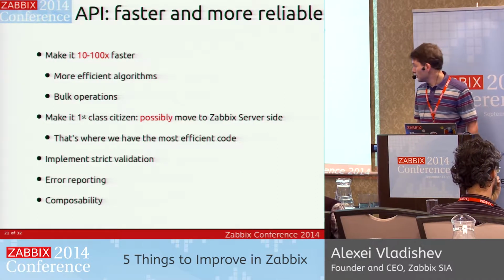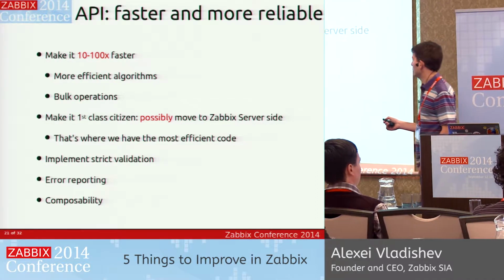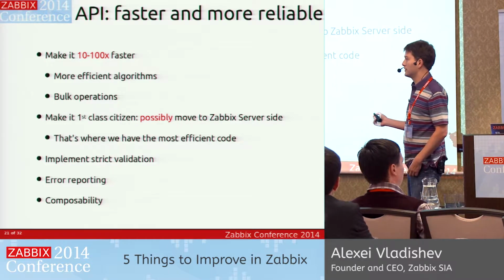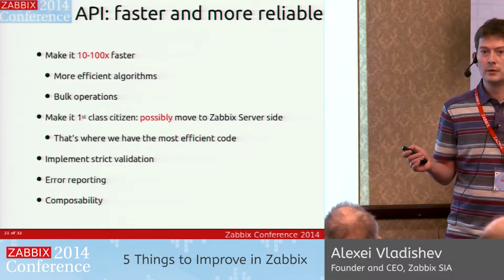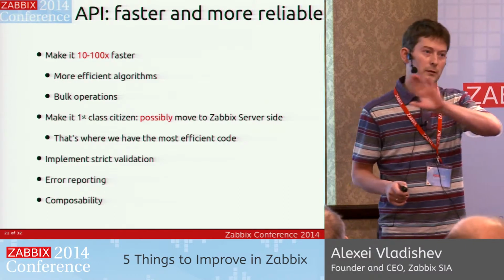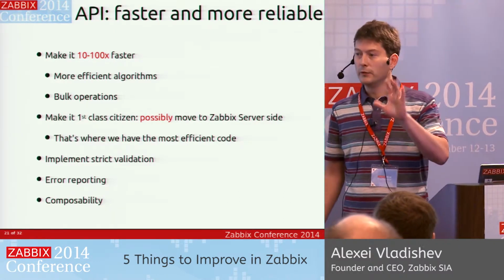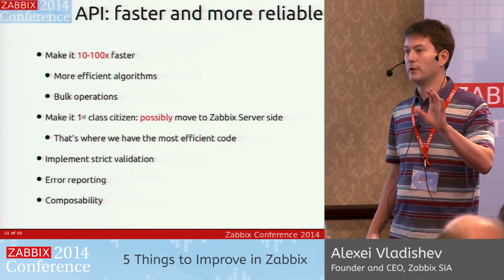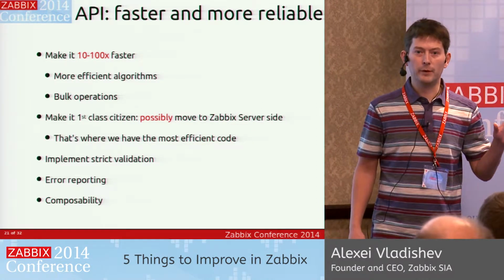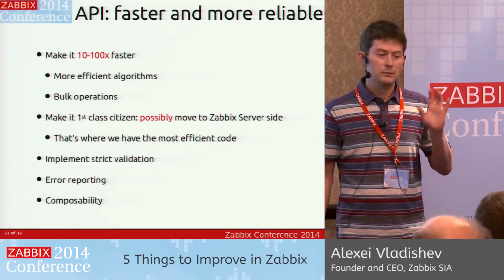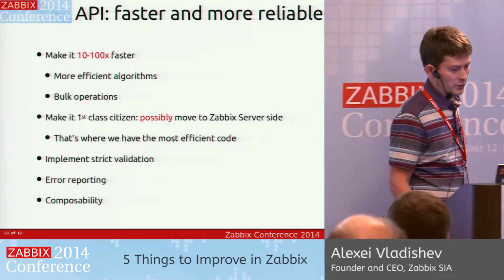Possibly one of the solutions is to move it to the Zabbix server side. Not to make it an independent PHP application, but move it to the Zabbix server side. If the Zabbix server runs, you have the Zabbix API available, and it will give you very nice advantages.